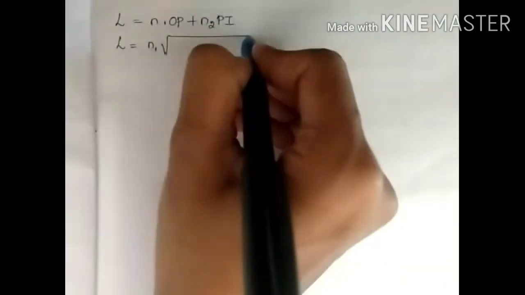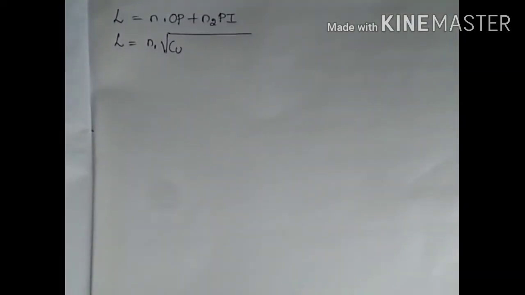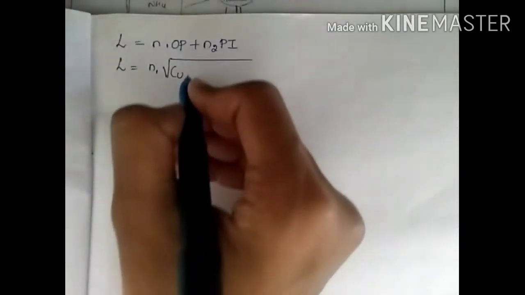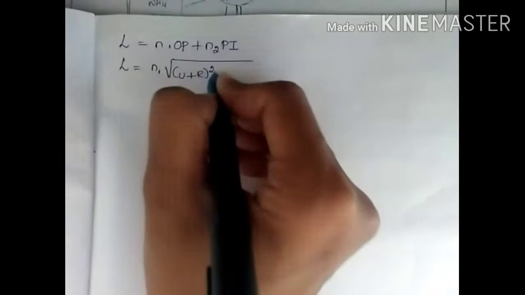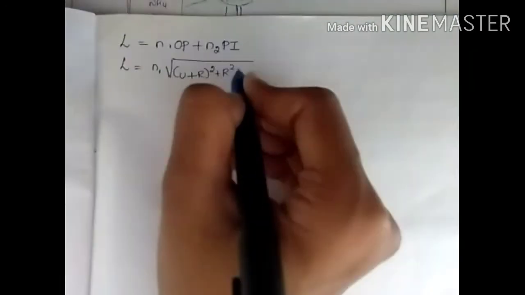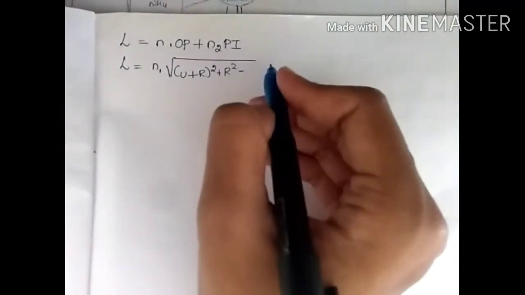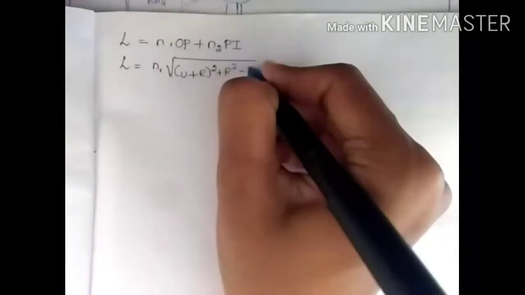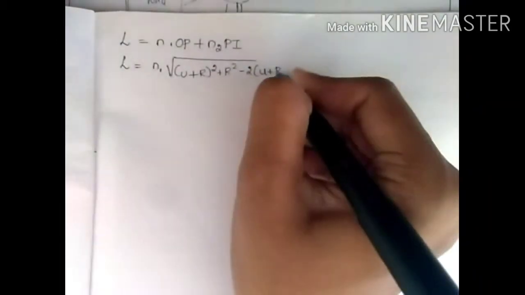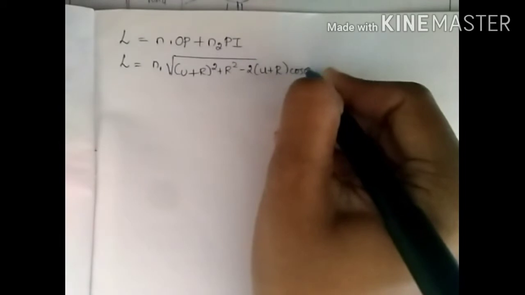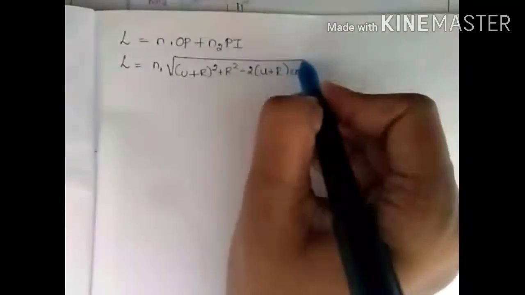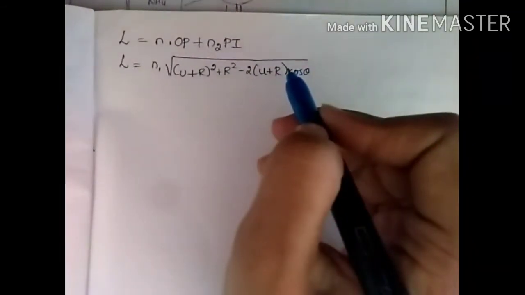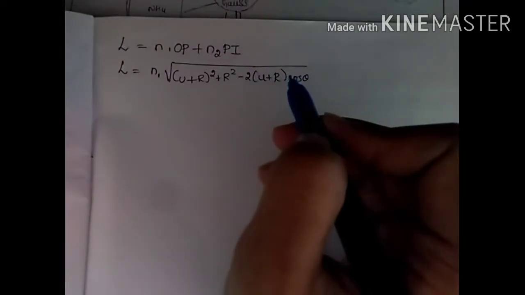OP is root over (u plus r) whole square plus r square minus 2(u plus r) r cos theta. So this is for OP.